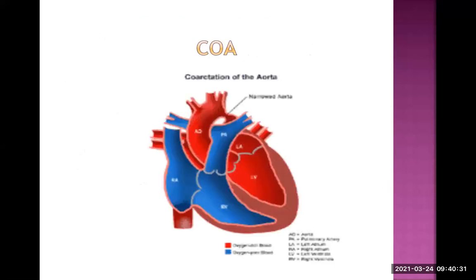Now, see here, all of you, please look at this picture. This is called coarctation of the aorta. See here, this acute narrowing of the arch of the aorta, and this coarctation is occurring after the subclavian artery is originated.